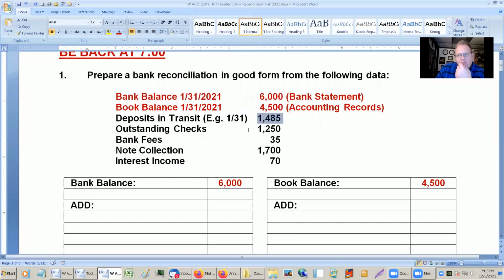Is that going to show up on your bank statement for January? No, February. Sometime in February, this is going to post to your account.